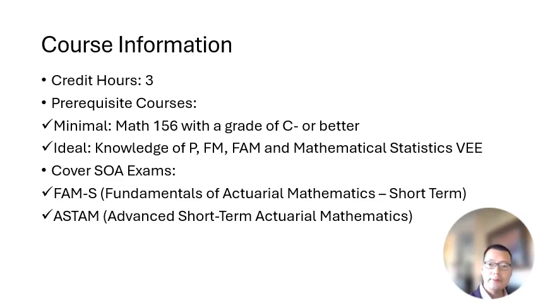But I understand this is not possible for everyone, and since we are teaching a college course, we cannot cover everything. So most of you may not have all these credits, but I think that is fine.